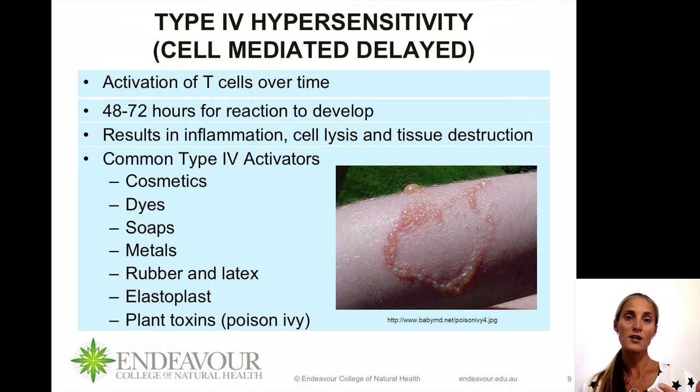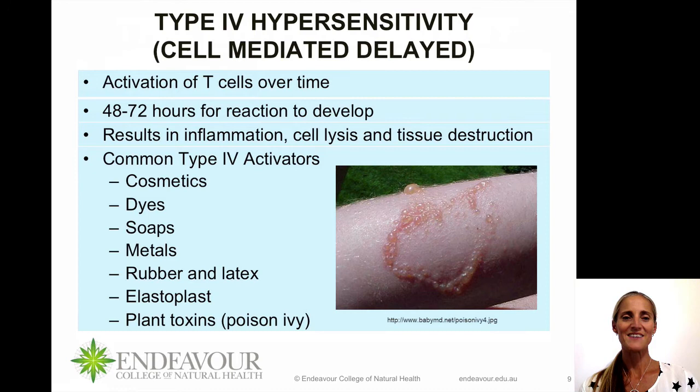And really common activators for type 4 hypersensitivity reactions are listed here. A lot of them are things that will directly come into contact with the skin: Band-Aids and irritation from plants, like it says poison ivy here, which is obviously not a very Australian example, but I'm sure there are a number of other plants in Australia that can do some nasty irritation to the skin.